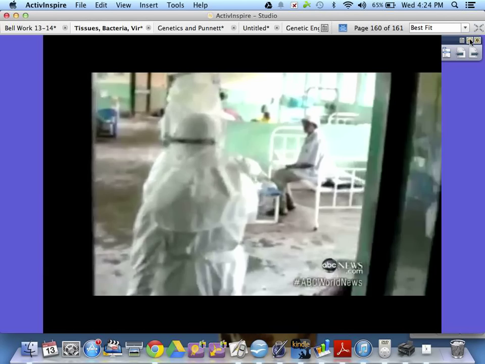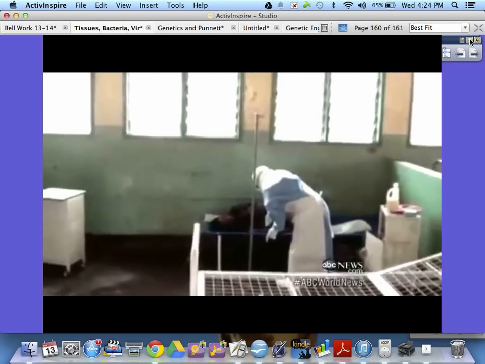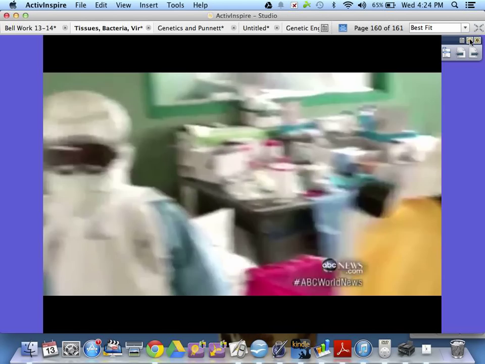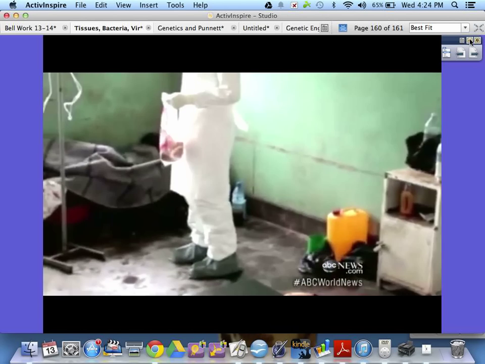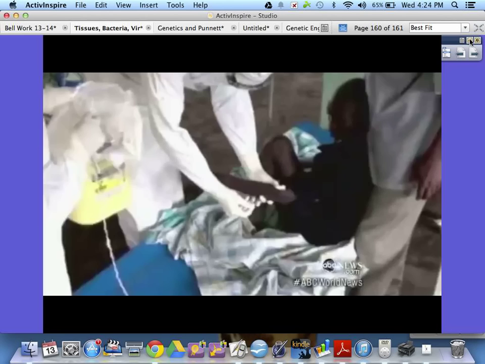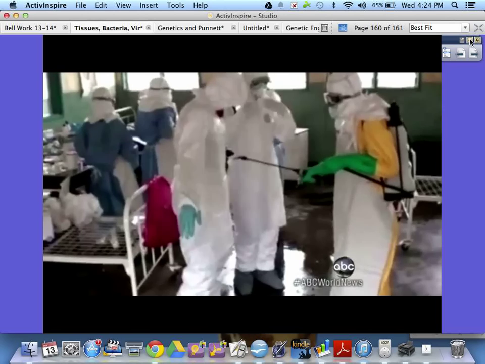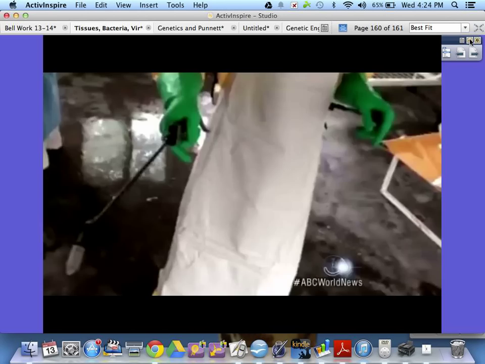We enter. Those are the three who have Ebola, over there, over there, and over there. They don't know how these patients got Ebola, but we do know that very close contact with body fluids can spread it. Anytime someone touches something, they are quickly sprayed down with disinfectant.